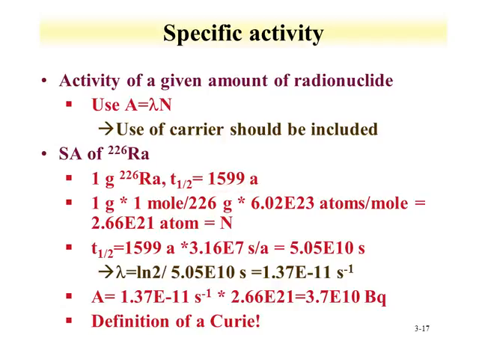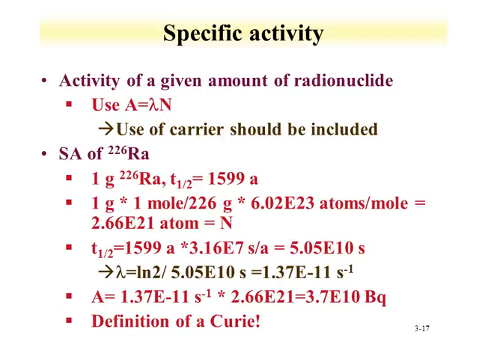1 gram times how many moles per gram times Avogadro's number equals 2.66 times 10 to the 21st atoms of radium-226. The decay constant, well, let's get the half-life into seconds. 1,599 years is equal to 5 times 10 to the 10th seconds.